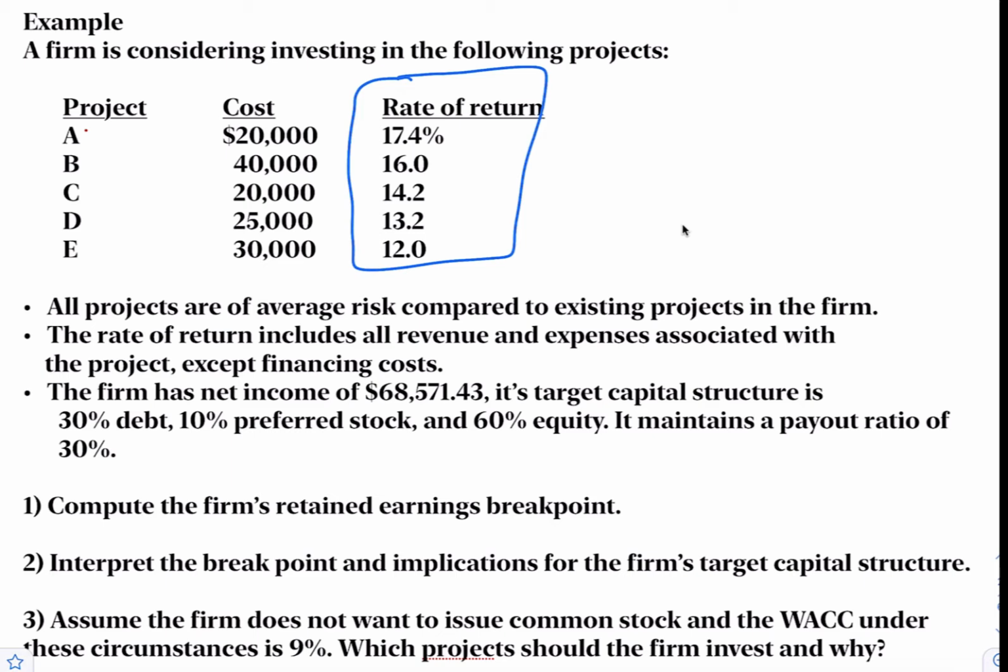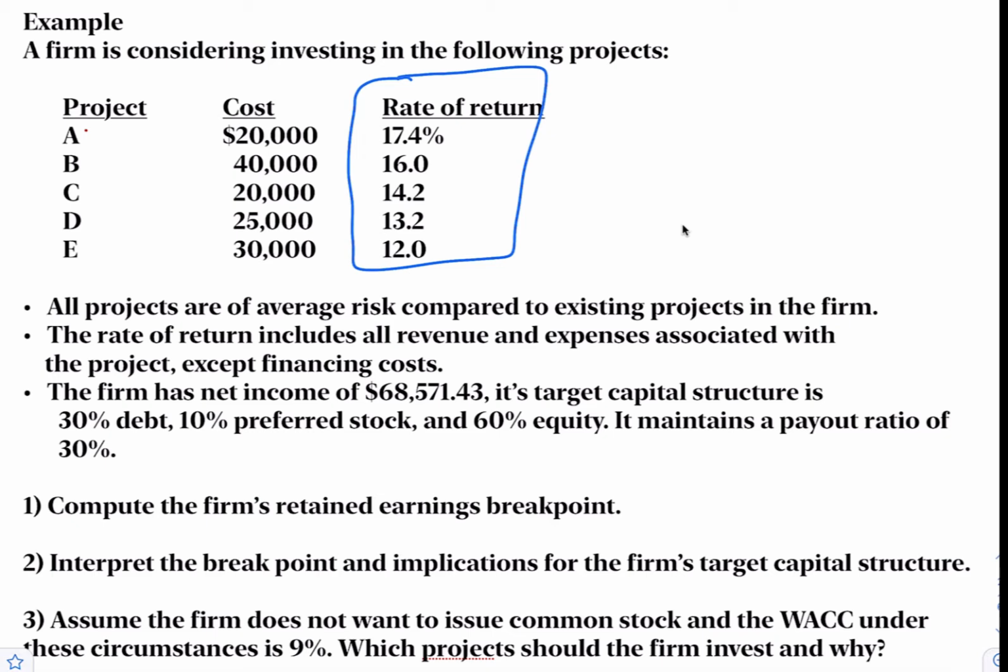If that's the case, how do financing costs get included in the analysis? Well, it's relatively simple. We're just going to compare the rates of return versus the weighted average cost of capital, which we'll find out below is 9%.